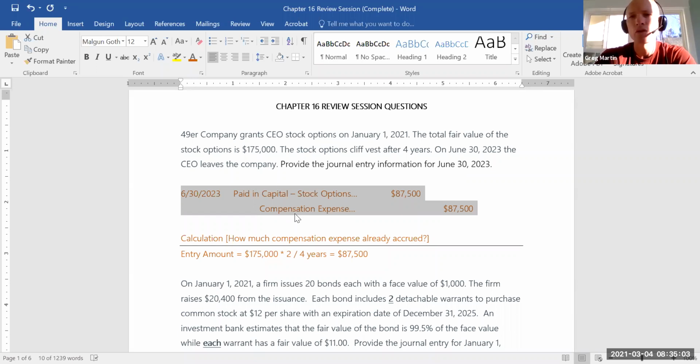The only two journal entries related to this compensation expense would have been recorded on December 31st, 2021 and December 31st, 2022. So when the CEO leaves, we don't have to undo anything from 2023 because we haven't recorded anything. Good question, though. Any other questions?